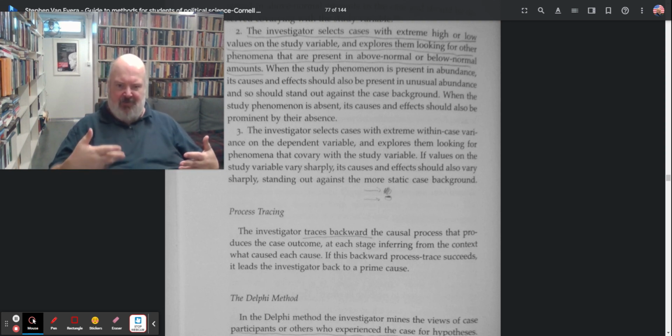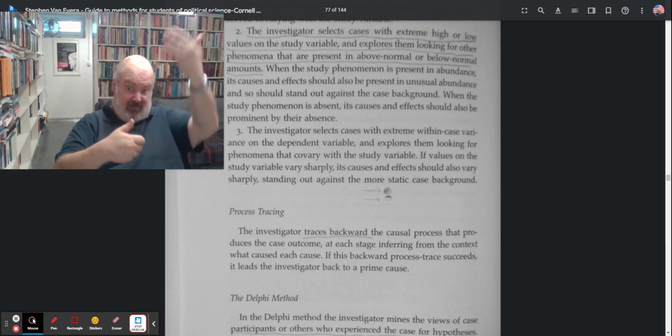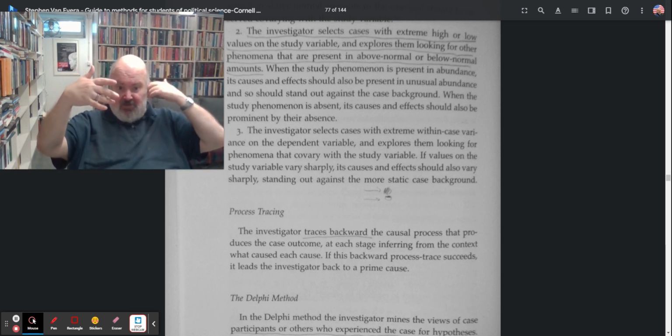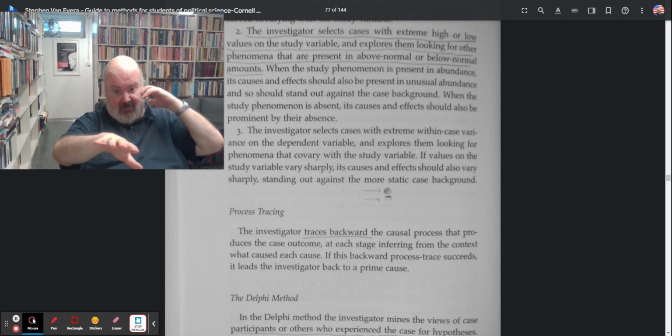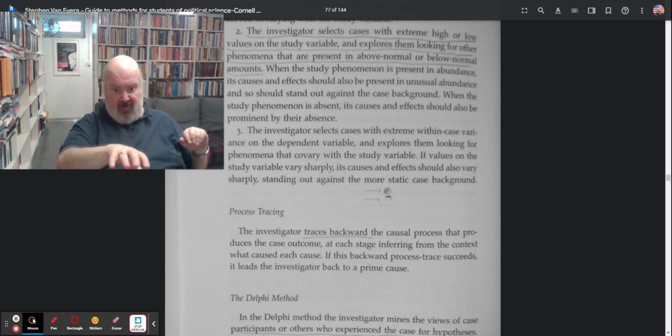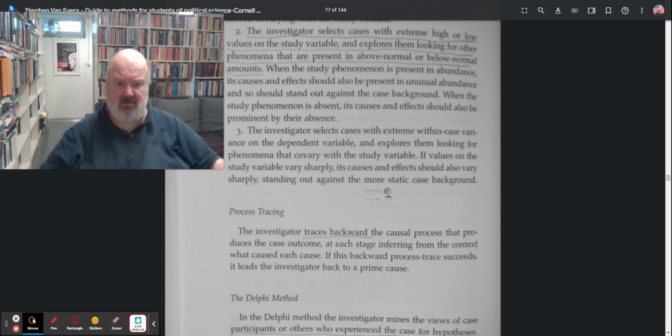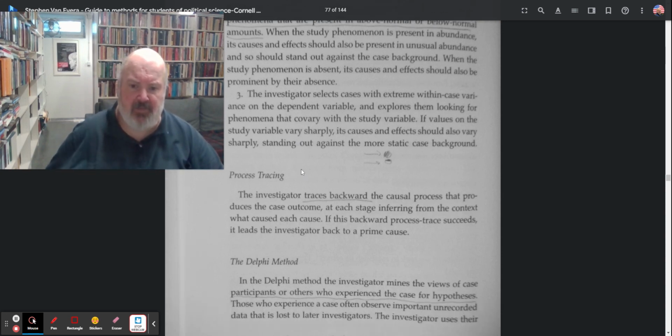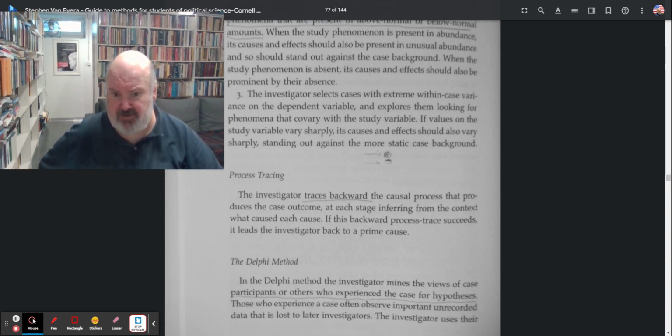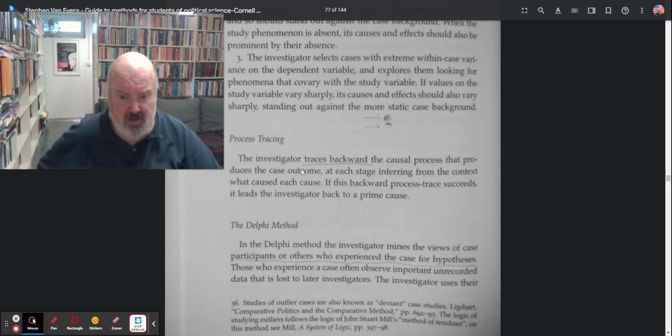So that's why we look for extreme case variance on the dependent variable. The dependent variable is the study variable we're studying, it has extreme case variance, and therefore we should see the effects. Now, that's congruence procedures, and there are the three methods of congruence procedures.